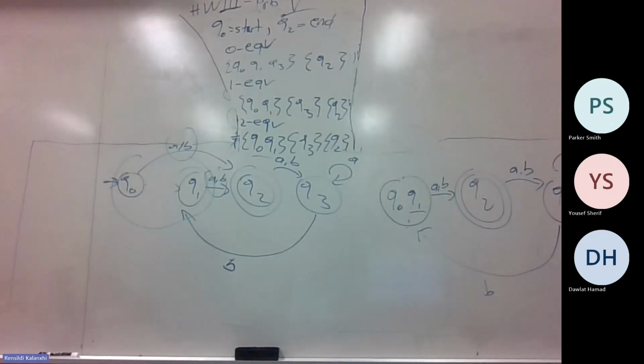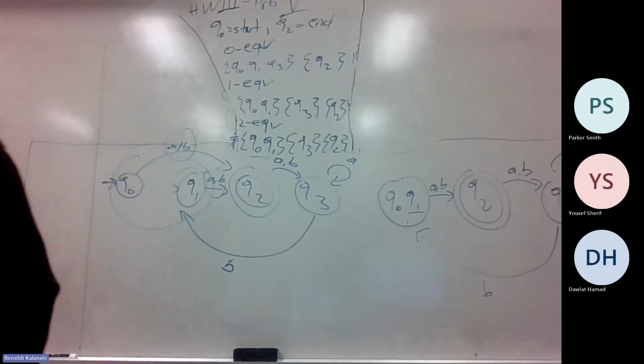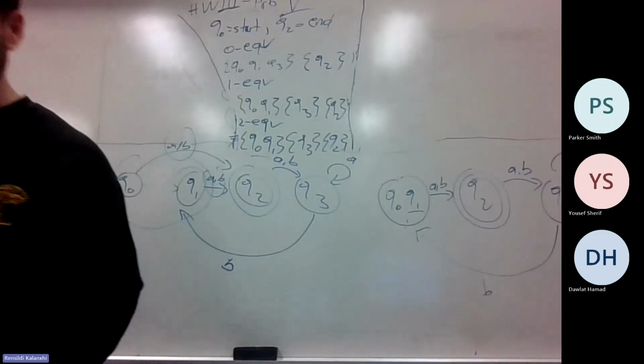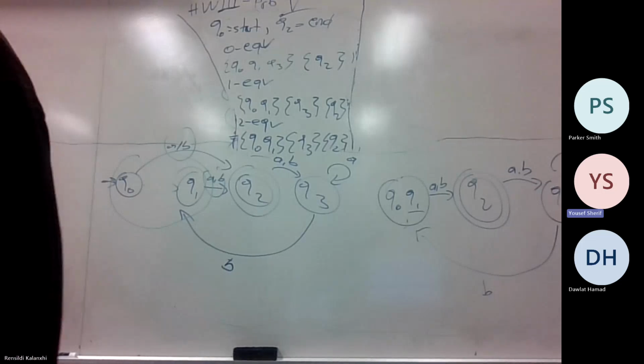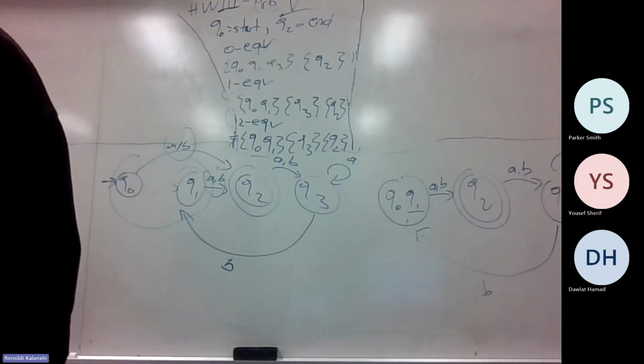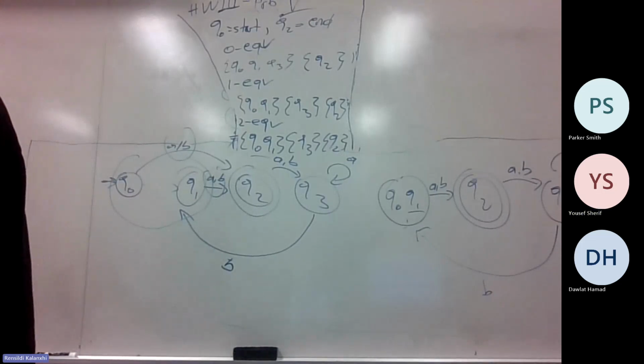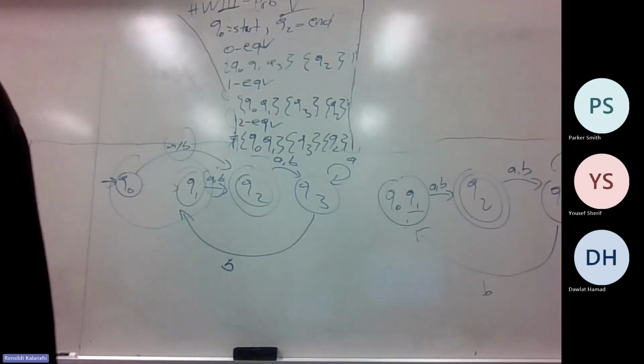Do you guys want to talk about left and right linears? Besides that, is there any other concept that he went through after homework 3? He went over the GTG, generalized transition graph.